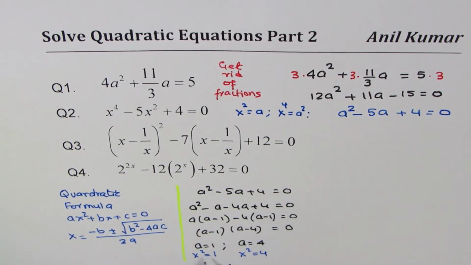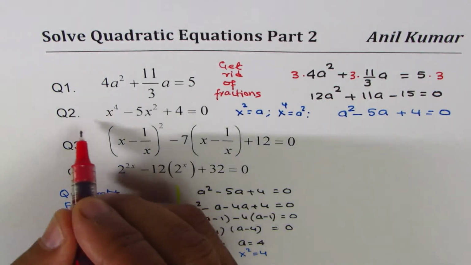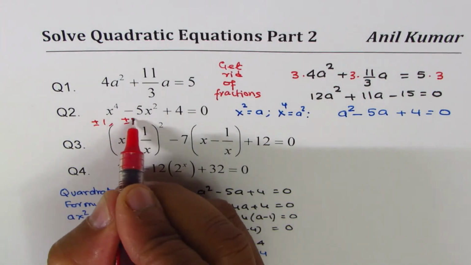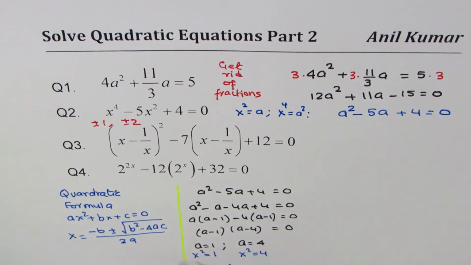Now if x squared is 1, what is x equals to? Can you write that down? Well, the answer will be plus minus 1 and plus minus 2, right? So we have these 4 answers. That will give you square root of this. So whenever you do square root, let me do it here, as that is also a mistake that sometimes the students will do.